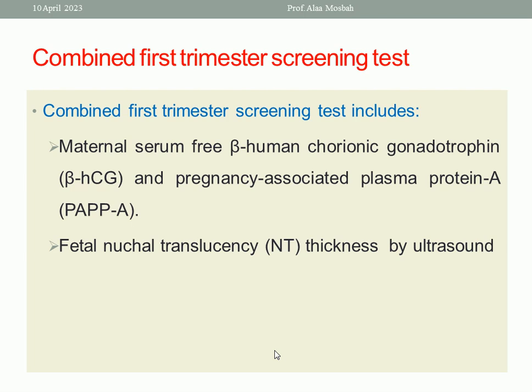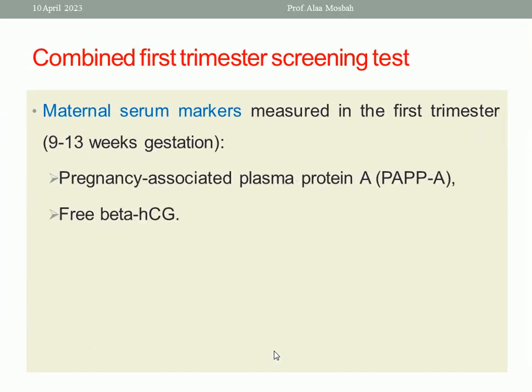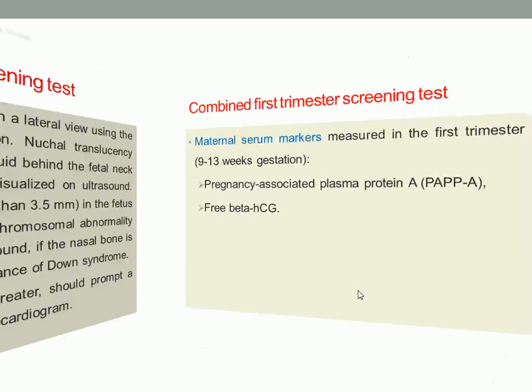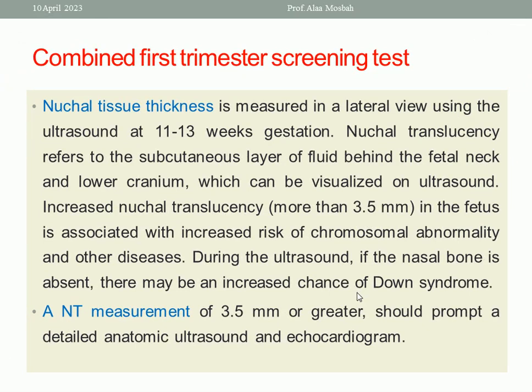And ultrasound for detection of fetal nuchal translucency thickness. This is the maternal serum marker. Maternal serum marker, as I said, is done between 9 to 13 weeks gestation in the first trimester. While the nuchal translucency is done between 11 and 13 weeks plus 6 days gestational age.